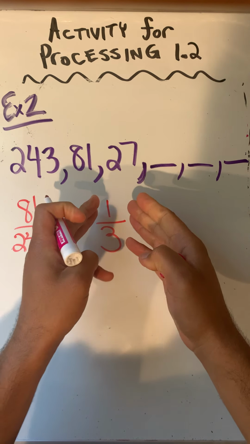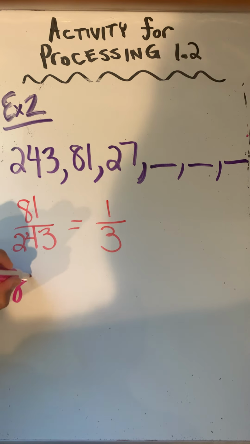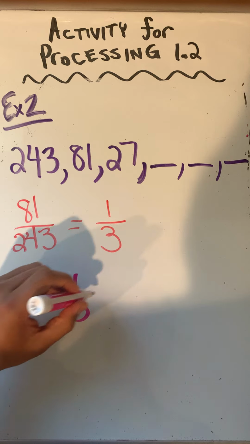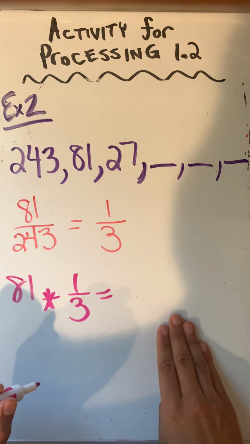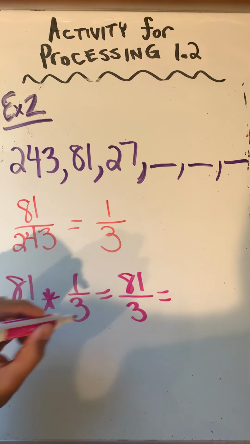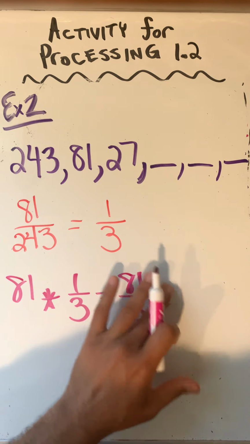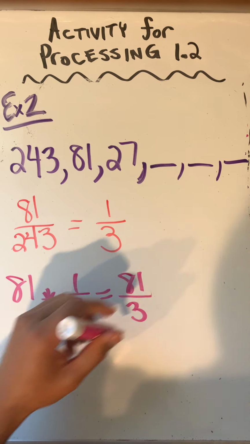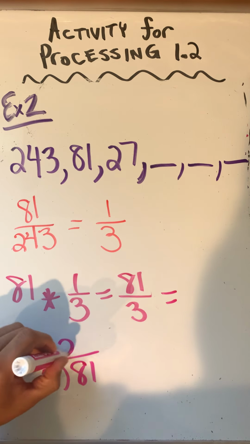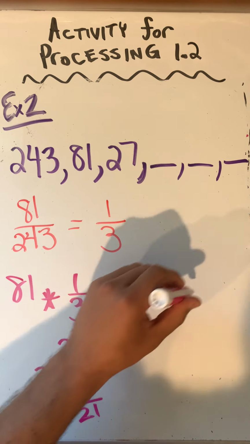So I need to check, first of all, that this growth factor is correct. I'm going to grab the second term, 81, multiply it by my growth factor, and it should give me 27, right? So 81 divided by 3, is that 27? Well, let's see. It works.